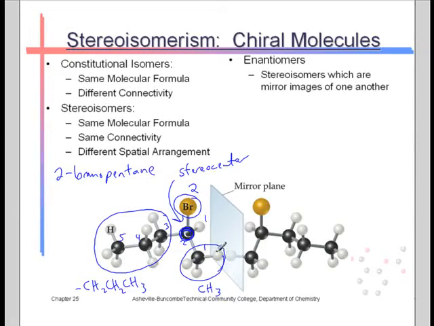And what happened was that one enantiomer would actually help with the morning sickness, and it didn't have any adverse side effects on either the mother or the fetus, but the other enantiomer caused birth defects to occur because it interfered with the development of the fetus, and as a result you had a lot of strange birth defects from children whose mother had taken thalidomide back in the 70s.